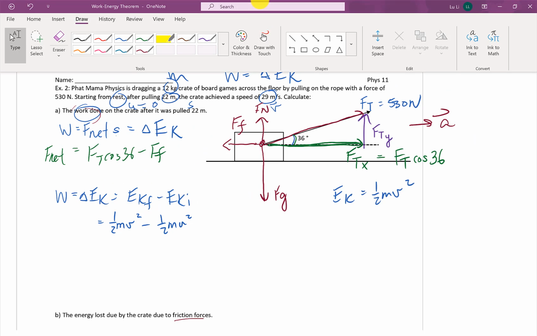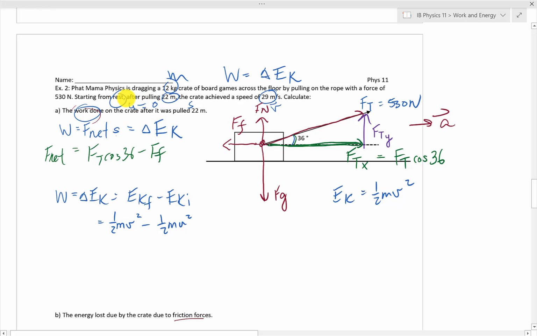In fact, we do have a few values. The initial velocity is 0 because the box starts off at rest. So this value is actually 0. The final velocity is 29 meters per second. With a mass of 12 kilograms, we can go ahead and put that into our change in kinetic energy equation.